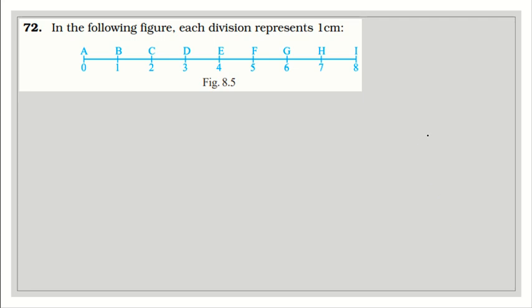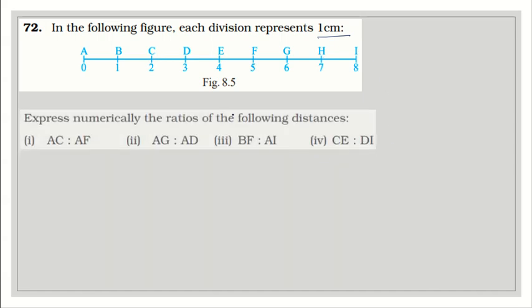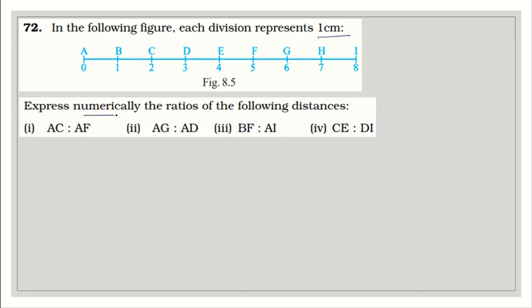In the following figure, each division represents 1 centimeter. This means AB is 1, BC is 1, CD is 1, DE is 1, EF 1, FG 1, GH 1 and HI 1. And we are asked to express numerically the ratios of the following distances. First one, AC is to AF.